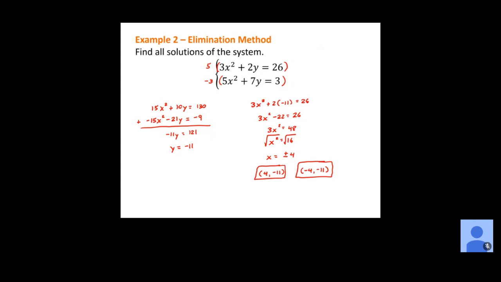Okay, it's a parabola, right? So in this case, we have an x squared, but we have y to the first power, so it's not a circle anymore. So these would both be parabolas.